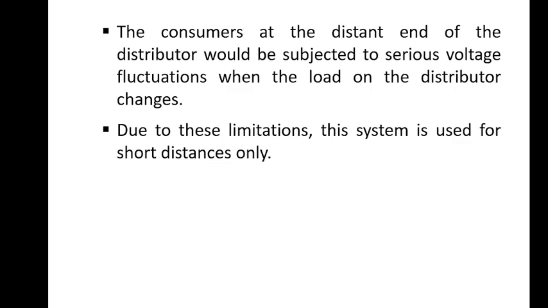As a result, voltage regulation at the distant end is poor, affecting the quality of supply. Because of these issues, along with the system's limited reliability, the radial system is generally suitable only for short distance distribution applications where voltage drop and load variations can be more easily managed.